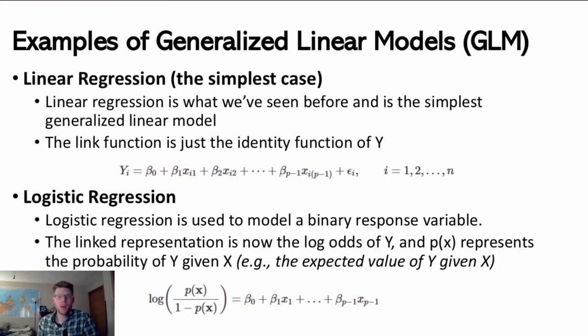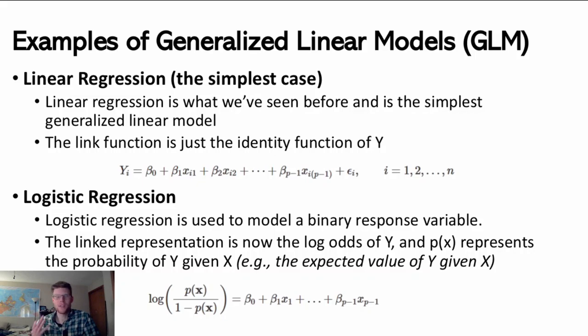The most common example would be logistic regression. Now, technically, I should also add linear regression, or OLS, ordinary least squares. That is technically an example of generalized linear modeling as well. It's just the most basic example because the link function is just the identity function of y, meaning that we don't actually have to change the form of the expected value of y. We just take itself.